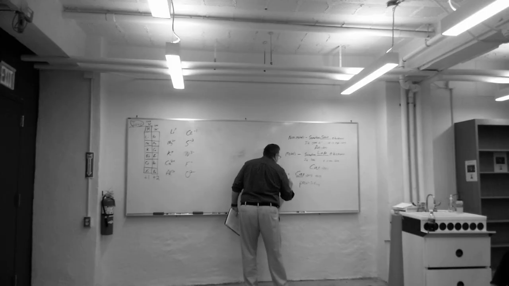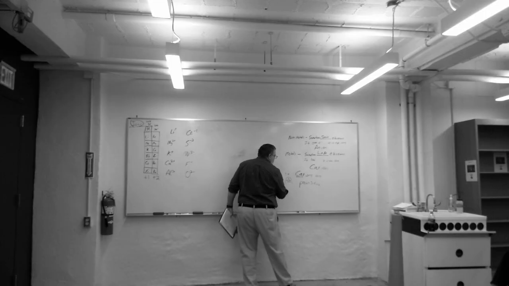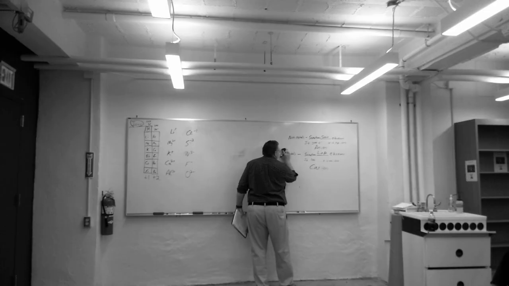It's supposed to be a paw. I can't draw a cat paw. You want to remember, cat ions are positive. Remember this.